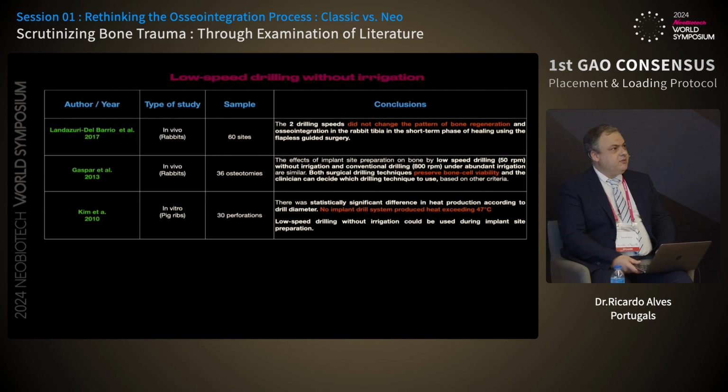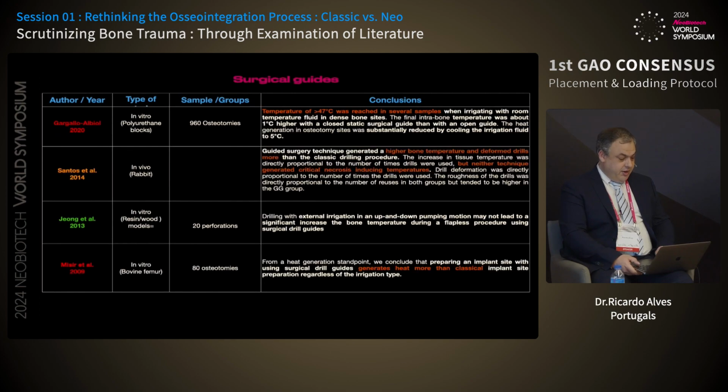I don't know if you can read the tables, it's not easy, so I use this color code where red is no association, green there is an association. Regarding low-speed drilling without irrigation, we have several studies that say that drilling at very low speed without irrigation doesn't cause a critical increase in temperature.